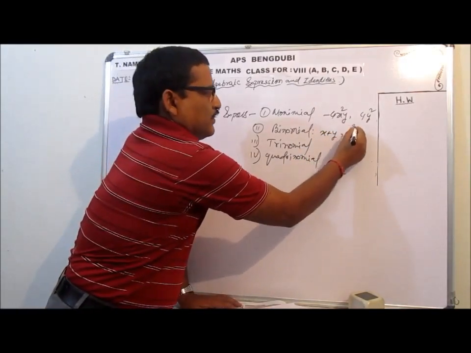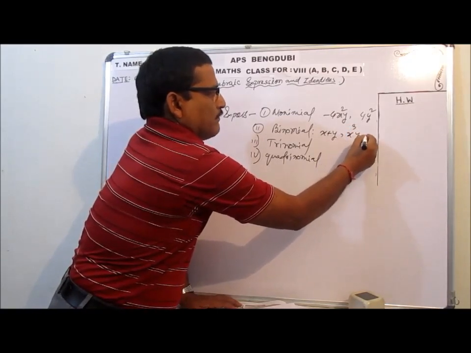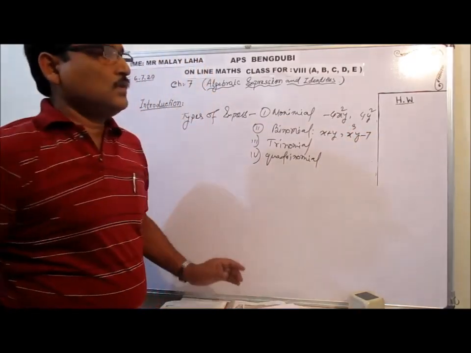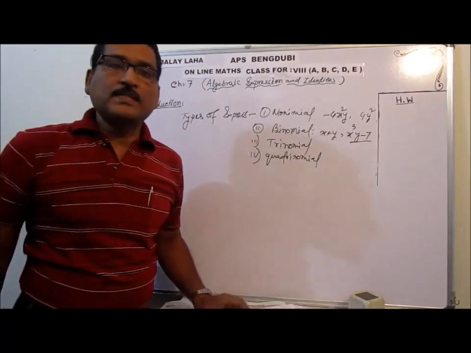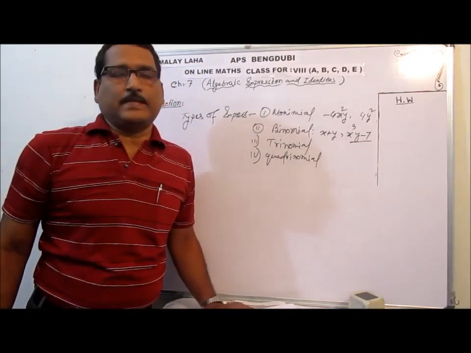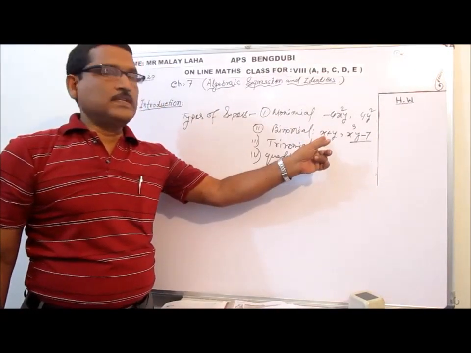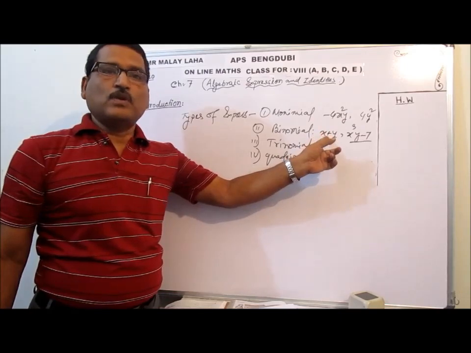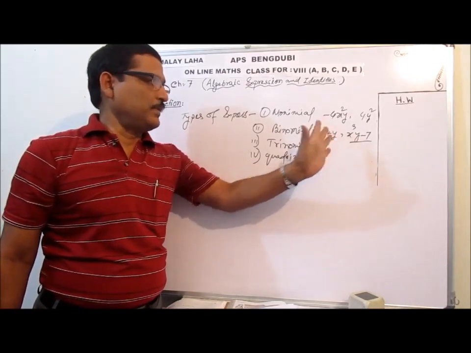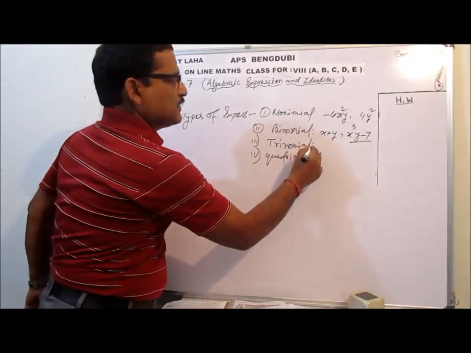Then x cube y minus 7. So it is consisting of two terms. When the terms are separated by plus or minus sign, then you have to count. These, x and y, are separated by plus, so you have to count individually. It's a binomial. Trinomial means three terms.